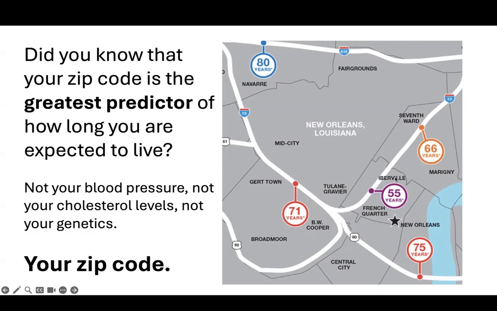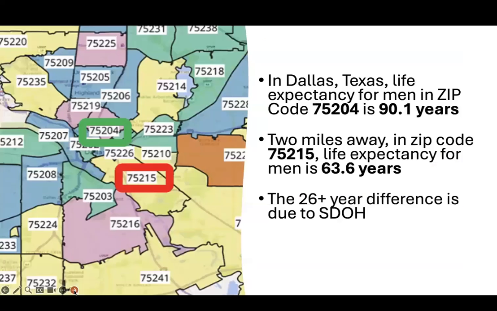You can see pretty stark disparities, 55 years here versus 80 years. There are multiple cities where 30-year differences in life expectancy occur in areas that are less than 1 mile apart. We're going to talk about an example of this.